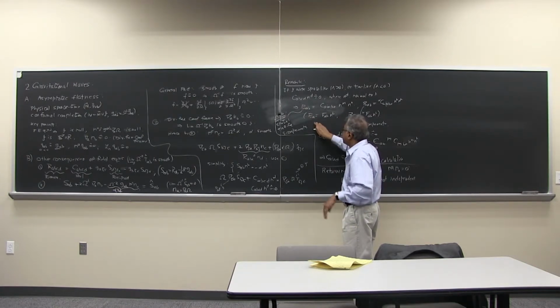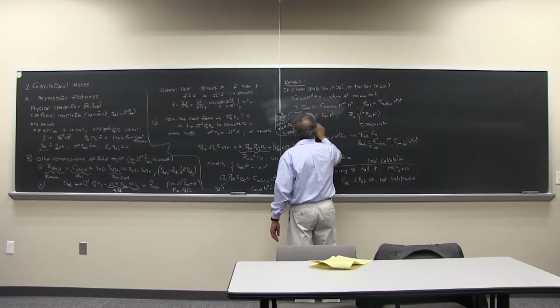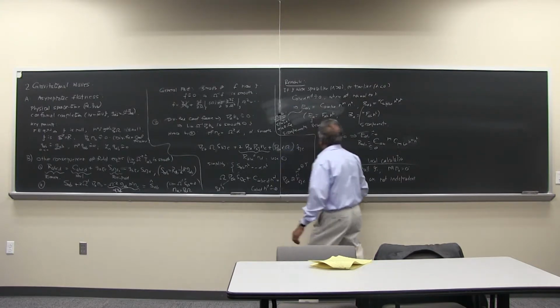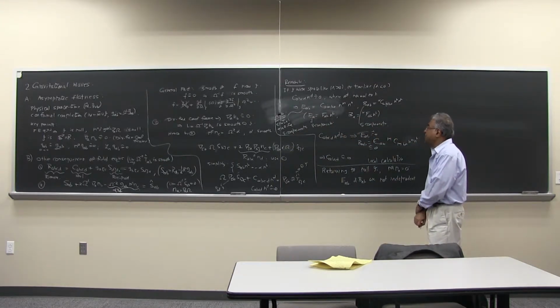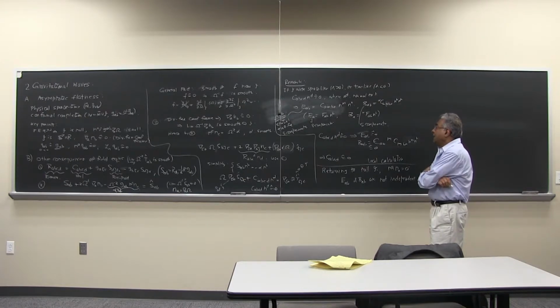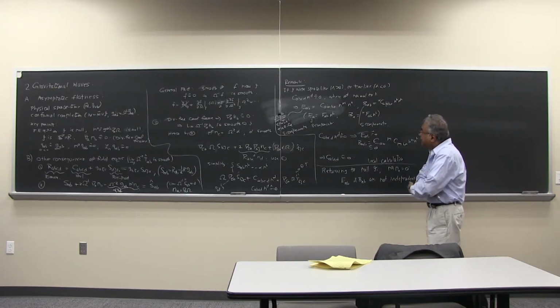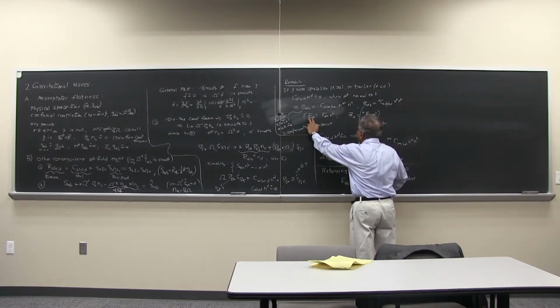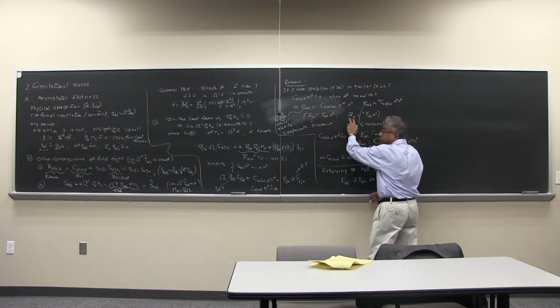So the electric field to begin with has 3 components. But if n is null, then it turns out that 2 of these components are the same here and here.